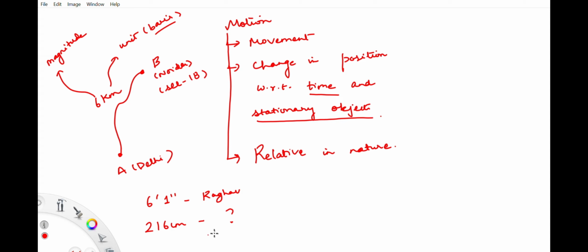Can you compare these two heights? Can you say who's taller based on just looking at these numbers? No, right? Why? Because the units are different. In one case, I've mentioned the height in feet and inches, and in the other case, I've mentioned the height in centimeters.